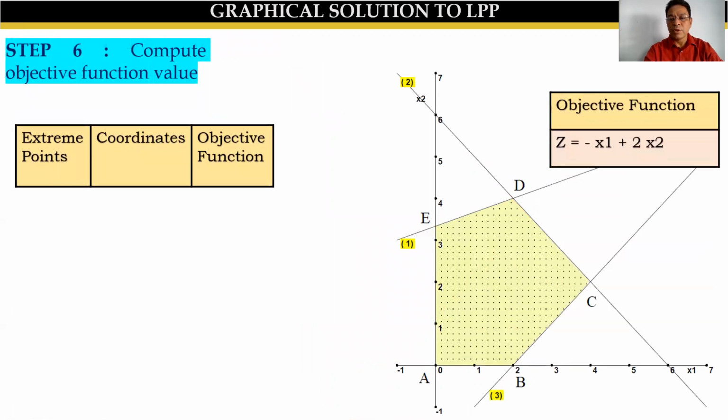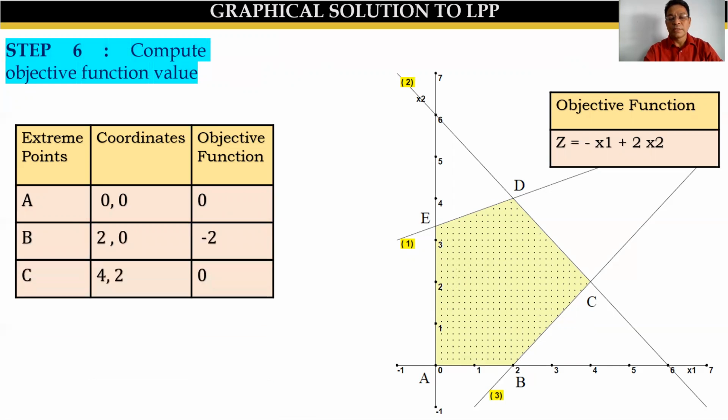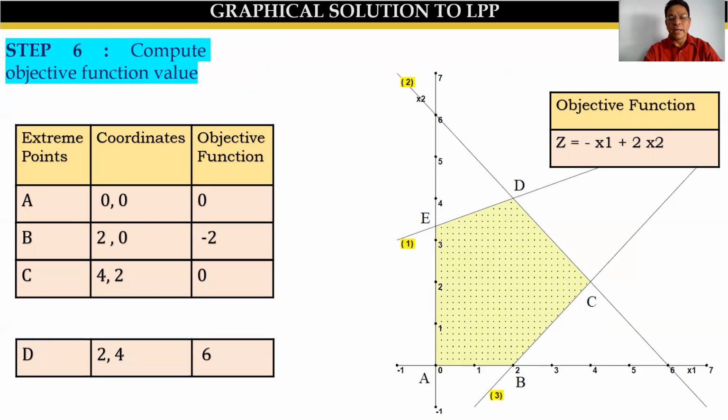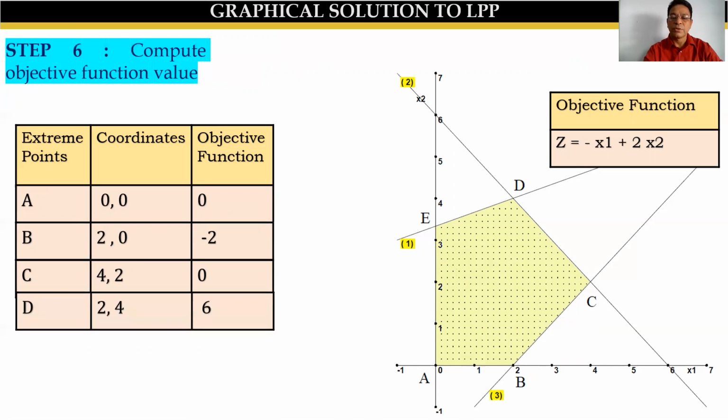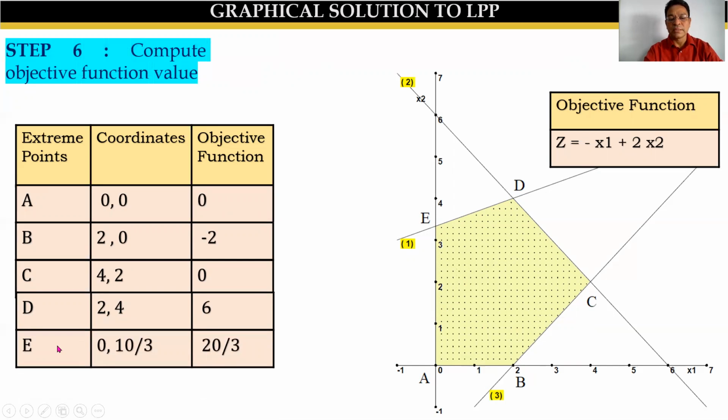The answer will be obtained from these points A, B, C, D and E. We know the coordinates of points A, B, C, D and E since it is a graphical method. We can obtain the points and see that we get the value of z at A is equal to 0, at B it is equal to -2, at C it is equal to 0. At D we are getting the value of z is equal to 6, and at E we are getting the value of z is equal to 20 by 3, which is 6 point something.